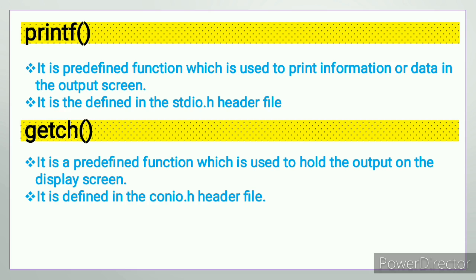Otherwise, the program will give an error. Then we discuss getch. It is a predefined function which is used to hold the output on the display screen. It is defined in the conio.h header file. If we use getch, then you can see the output on the display screen. Otherwise, you don't see the output.